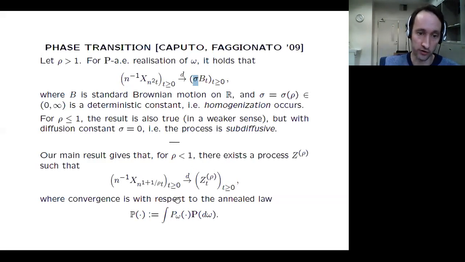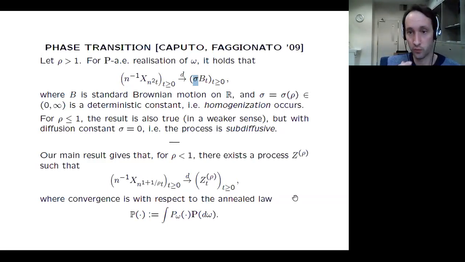And I should say that the convergence here is slightly weaker than what holds in the homogenization regime, in that we can only prove this, and it's only actually true under the so-called annealed law, where we average out over both the process here and the environment. Okay, so that's the result that I'm going to build towards.